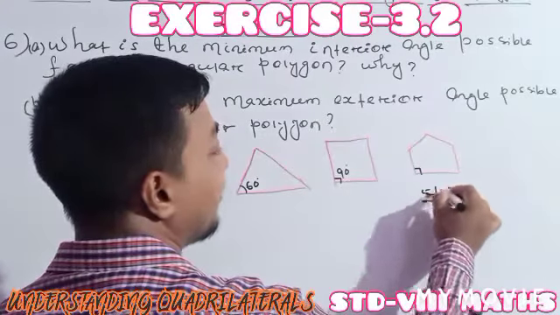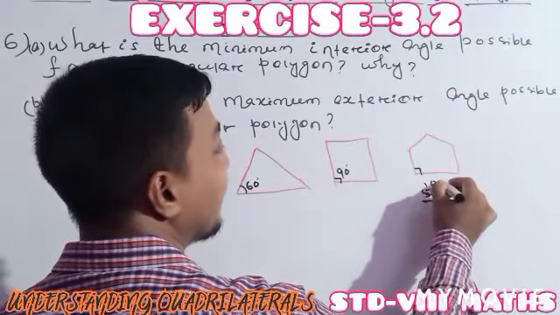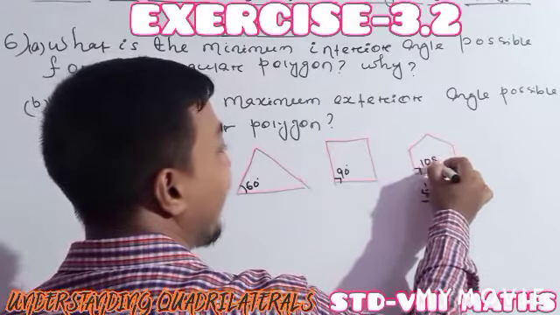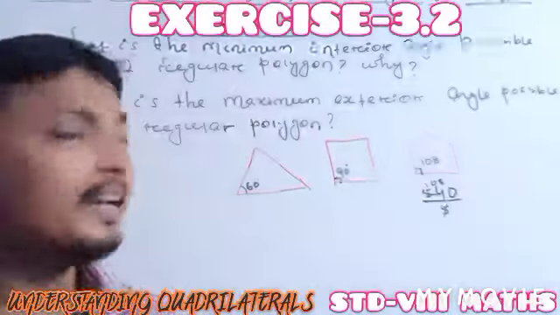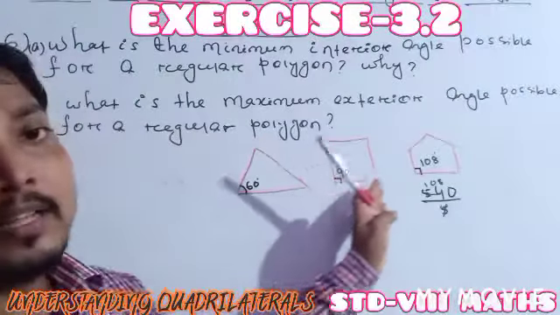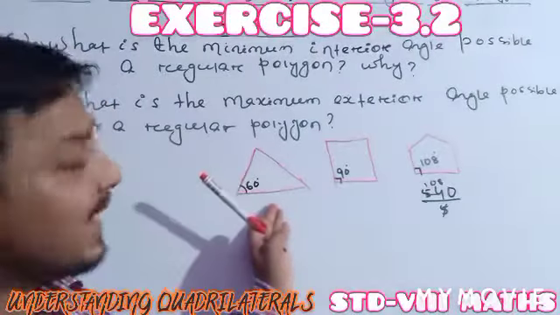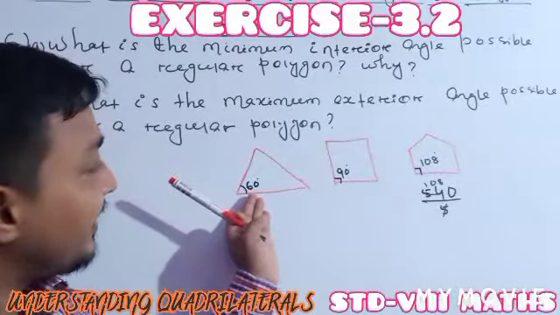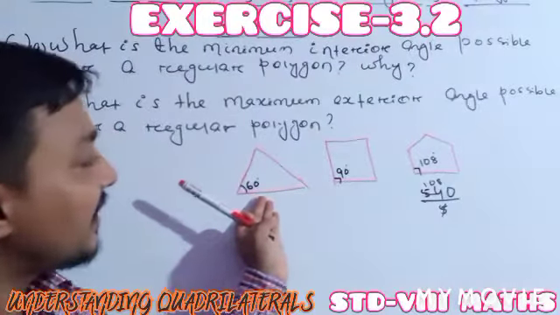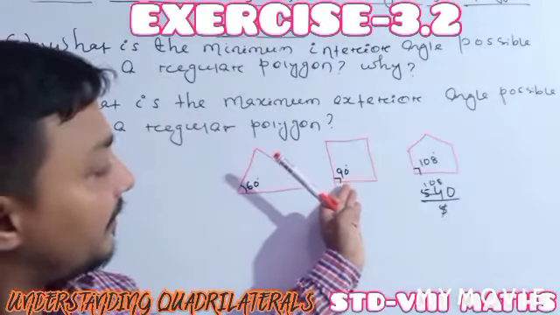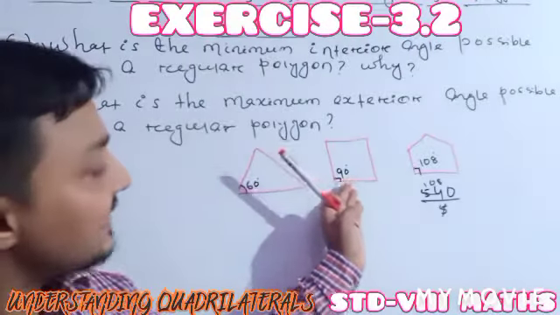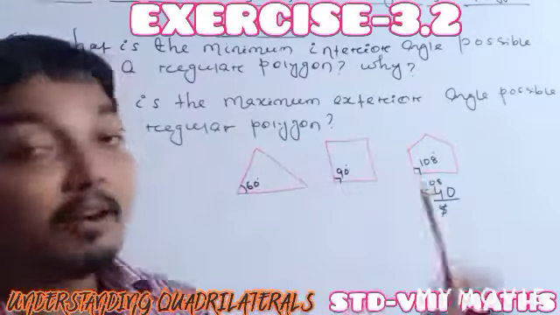So 5 1 is 5, 40, 5 8 is 40. So here it is 108. So whenever we observe regular polygons from the least number of sides, the interior angle is 60 degrees, then 90 degrees for 4 sides, then 108 degrees for 5 sides.